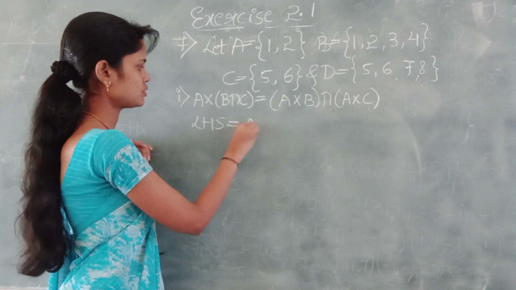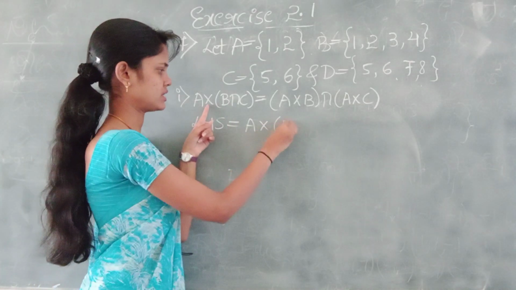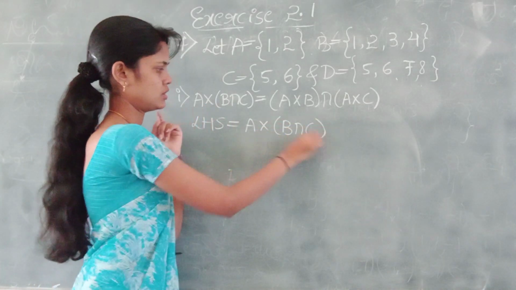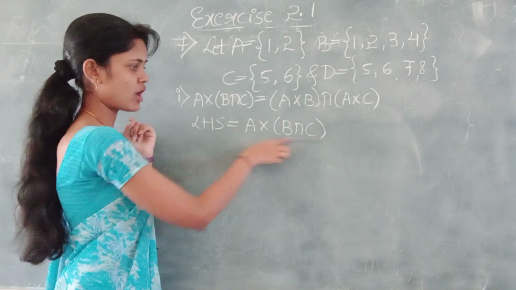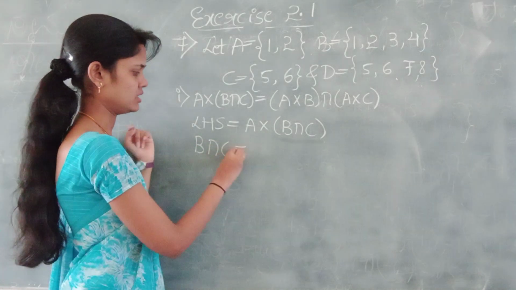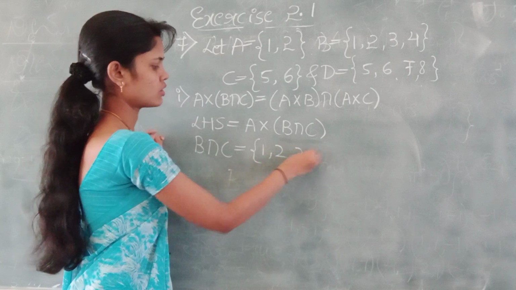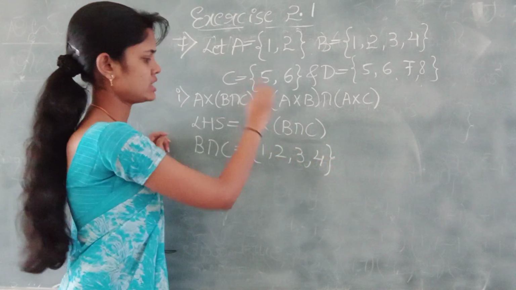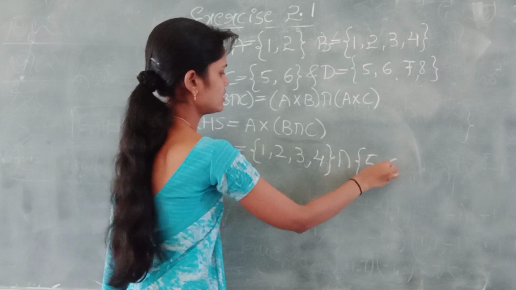In the LHS, what we have is A cross (B intersection C). Firstly, let us find B intersection C. What is B here? 1, 2, 3, 4. And what is C? 5 and 6.